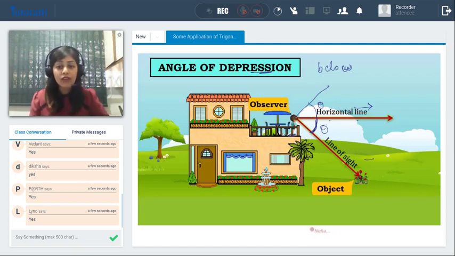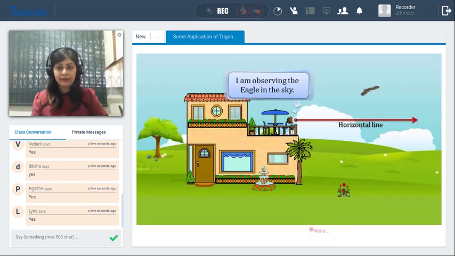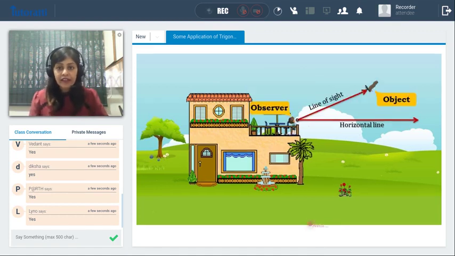So let's see all four concepts now in the same slide. We have a horizontal line because the observer is at a height. Now, if he wants to look at the bird, from his eye to the bird is the line of sight, and since line of sight is above the horizontal line, this is angle of elevation. I'm using the short form AOE, angle of elevation.